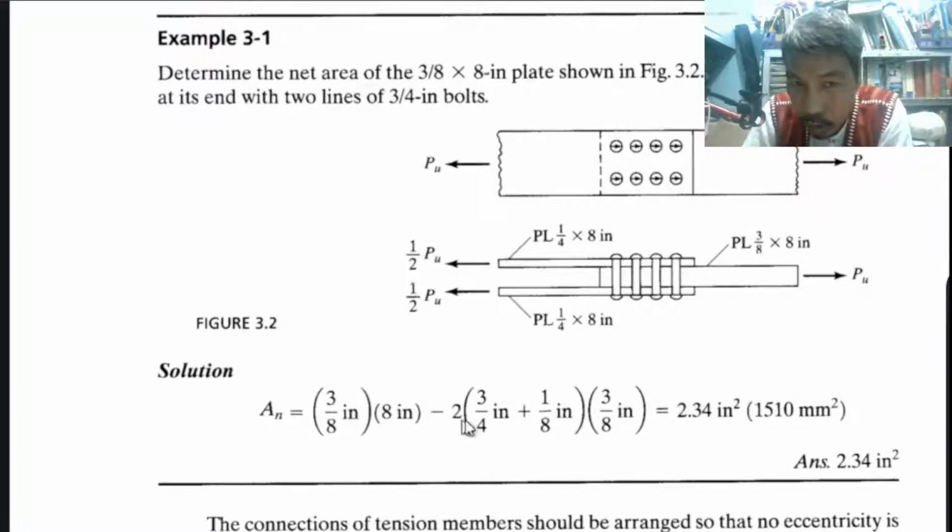So there are 2 holes per weakest line. And what is this value?